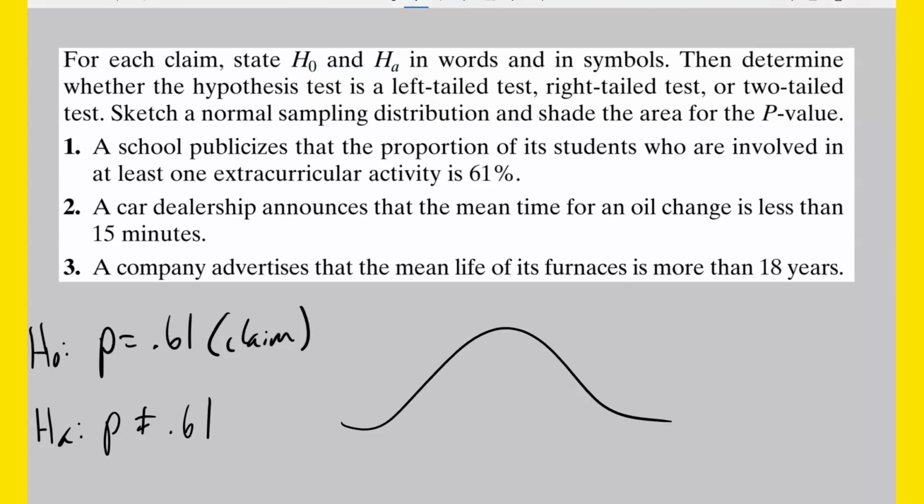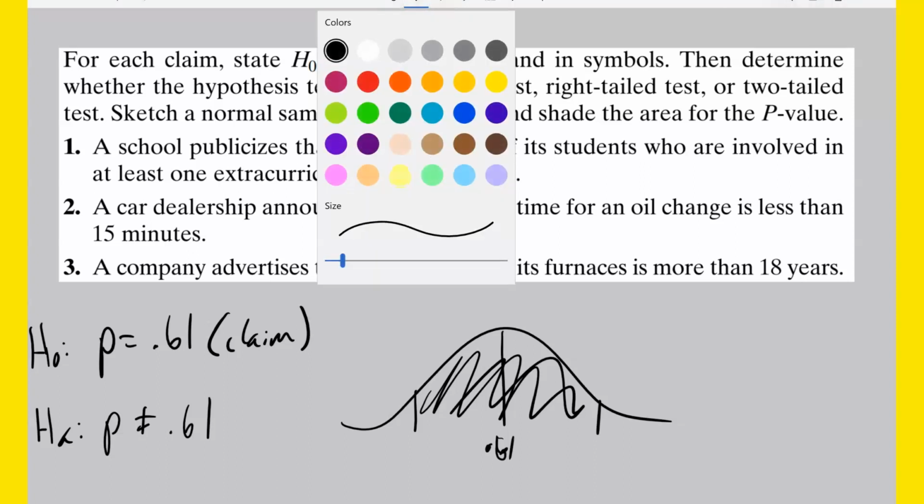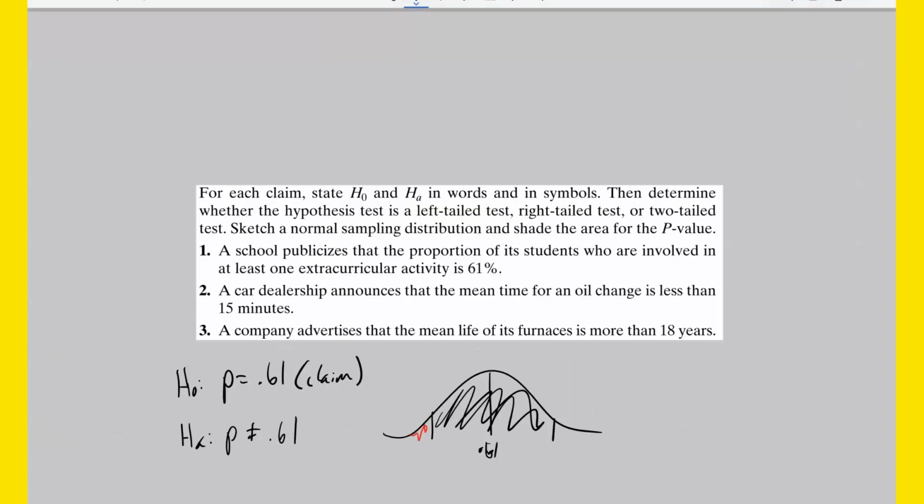So if we draw that, here's 0.61, and we've got to be at least so far away in order to reject it. So all that right there is okay, but anything out here is not okay.